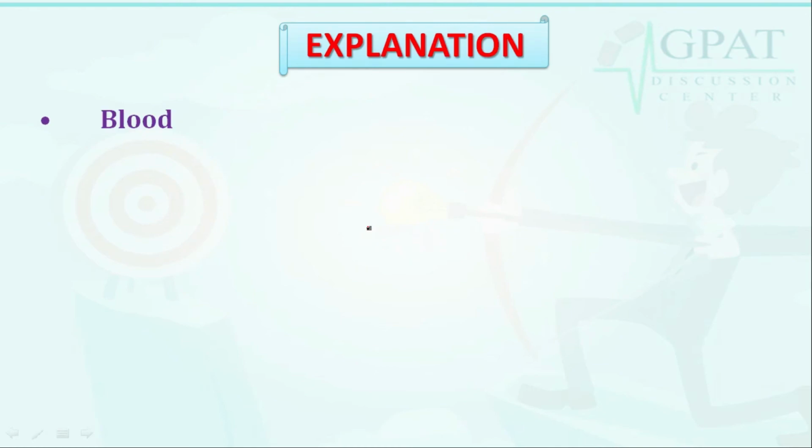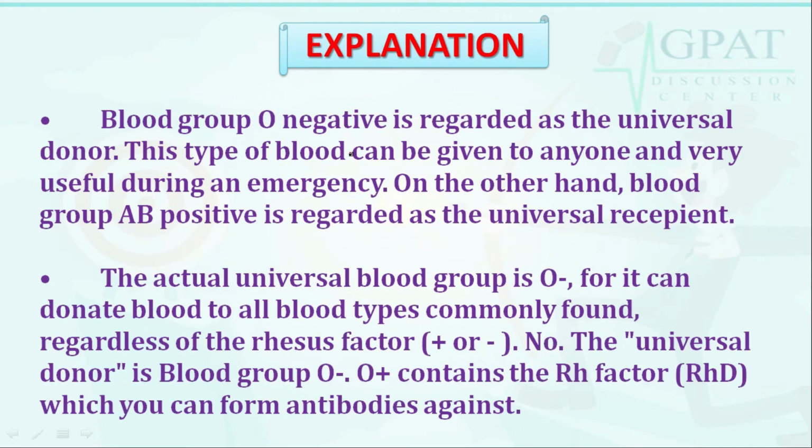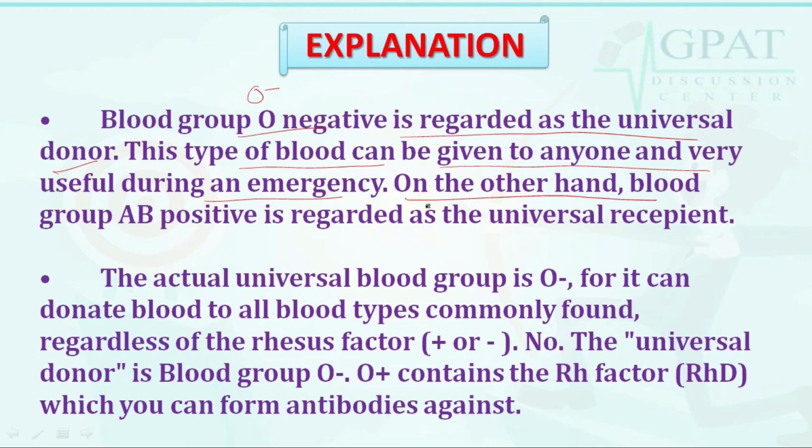Here you have a simple explanation on this: blood group O negative is regarded as the universal donor. This type of blood group can be given to anyone, very useful during an emergency. On the other hand, blood group AB positive is regarded as the universal recipient.